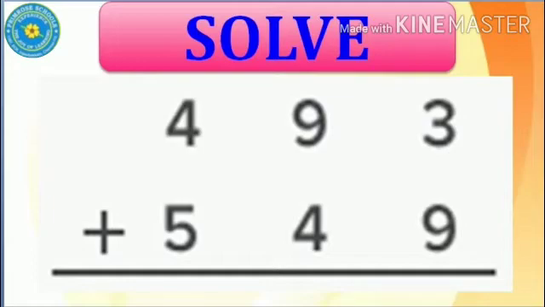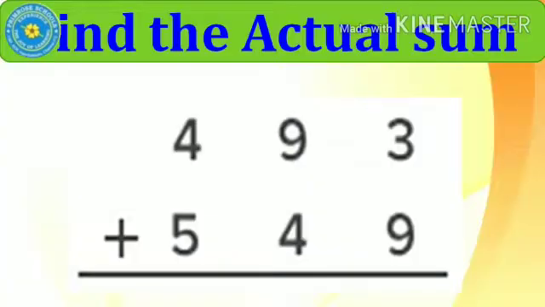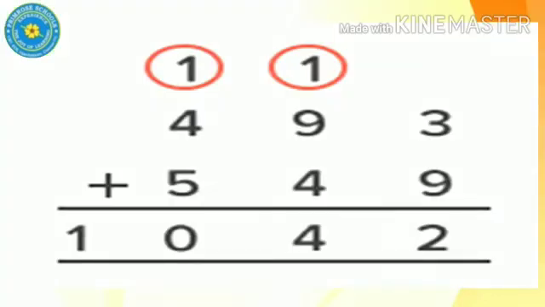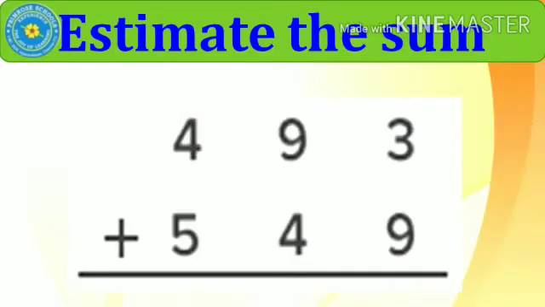Shall we take a look how to solve it, children? First, we are going to find the actual sum. Do the addition of the number 493 plus 549. What do we get, children? We get the total as 1042. Am I right? Yes.